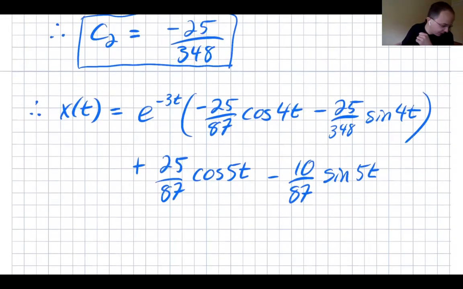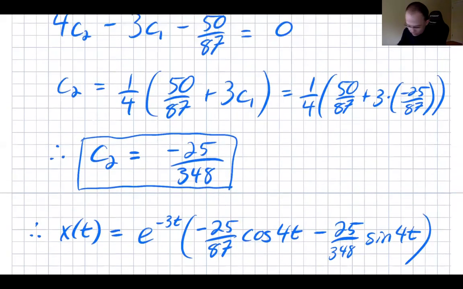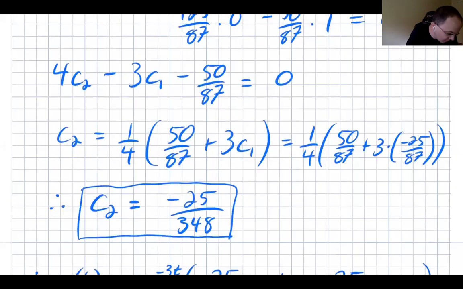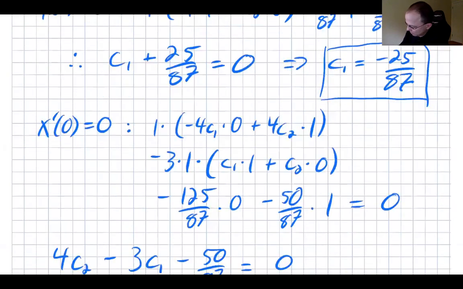However, it's not written in the form that they want. They want it in sort of the standard form. And before I go on, I'm just going to double check everything. What did I do wrong? Oh, I see. I might have made a terrible mistake at some point.